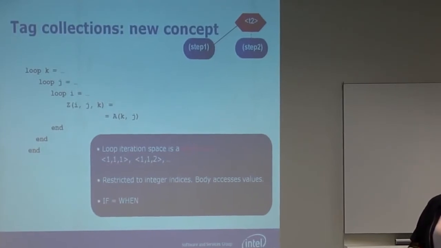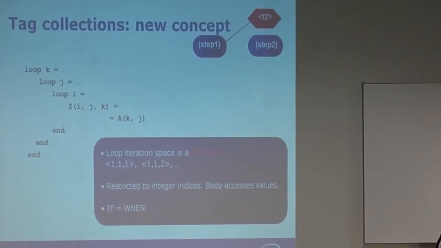So the way I'll explain the tag collections is by starting out with a loop here, a loop nest, and the body of the loop. So we have an iteration space here, and you're probably fairly comfortable with this. As you're going through this loop, the iteration space is produced one at a time.